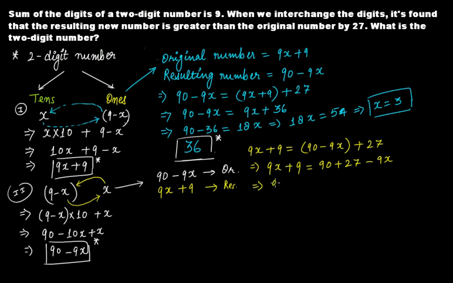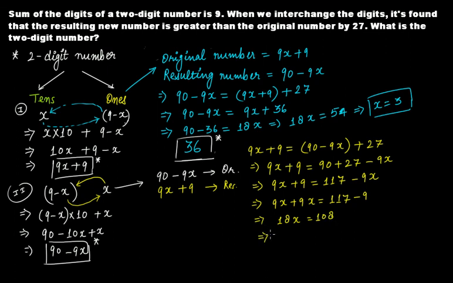You get 9x plus 9 is equal to 117 minus 9x. If you transpose minus 9x to the left hand side, you get 9x plus 9x. At the same time, if you transpose this plus 9 to the left hand side, you get 117 minus 9. This gives you 18x is equal to 108.